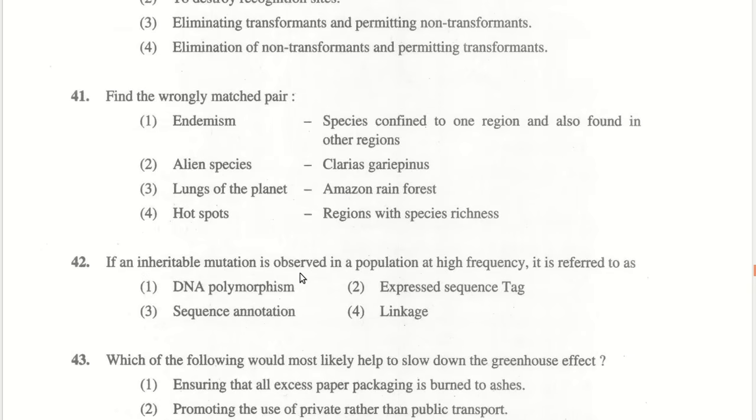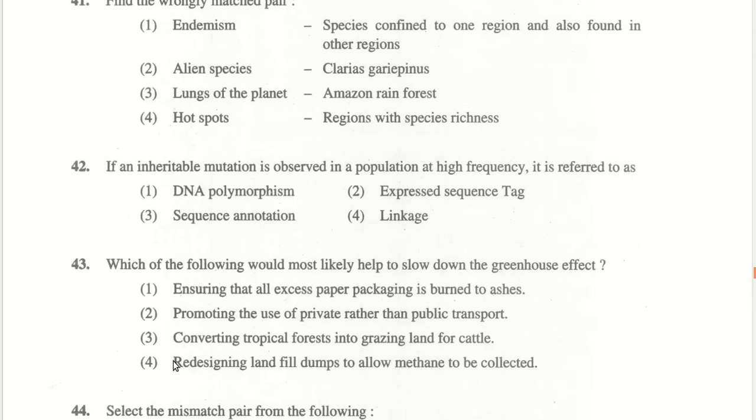42nd, if an inheritable mutation is observed in a population at high frequency, it is referred to as EST, expressed sequence tag. 42nd, the second one is the answer. 43rd, which of the following would most likely help to slow down the greenhouse effect?